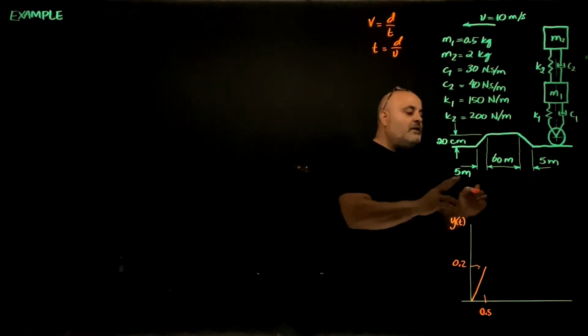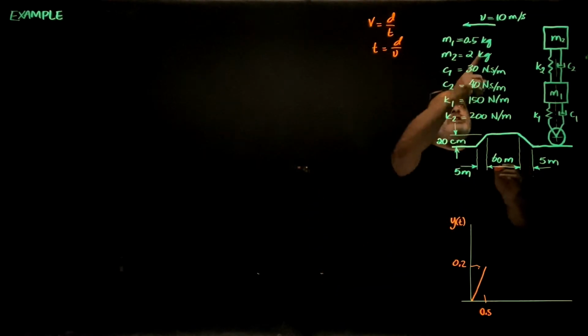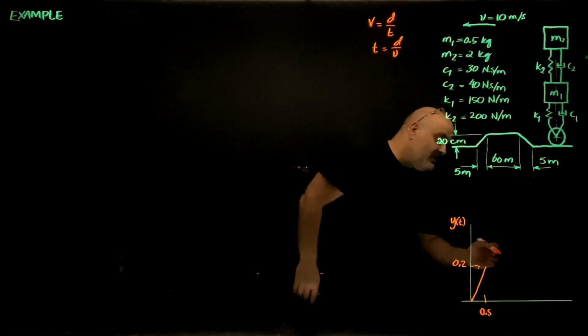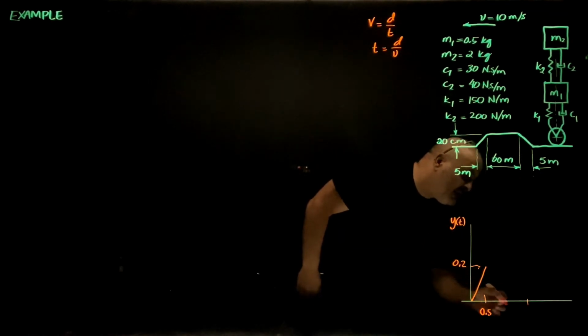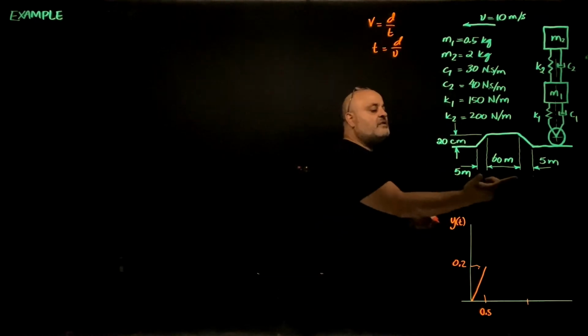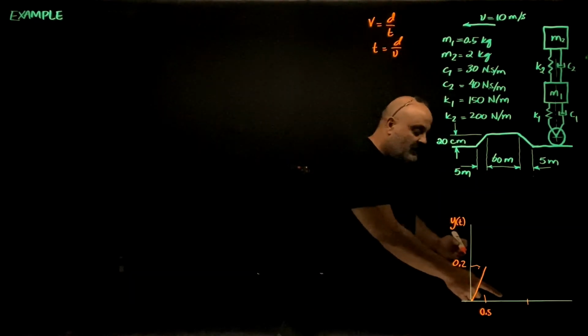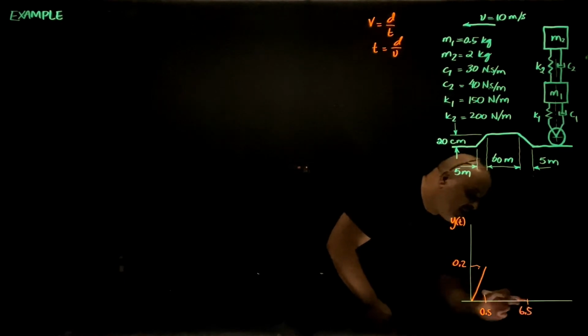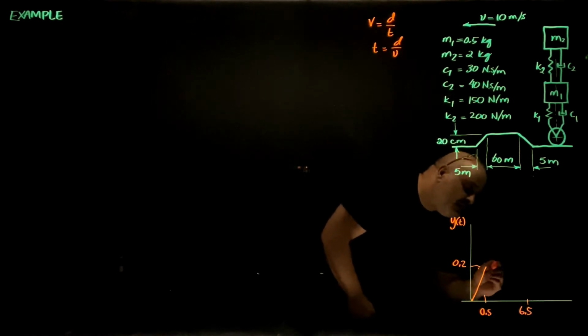And then 60 meters with a velocity of 10 meters per second, 60 by 10, that's 6 seconds. We need 6 seconds to cross this section, so this point is actually 6.5, which is 6 seconds and the 0.5 second.